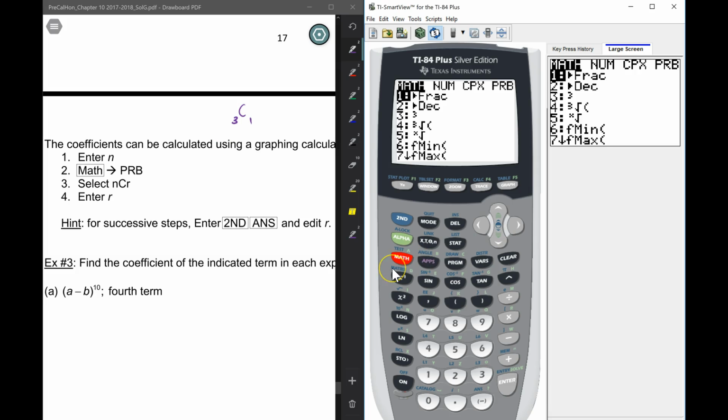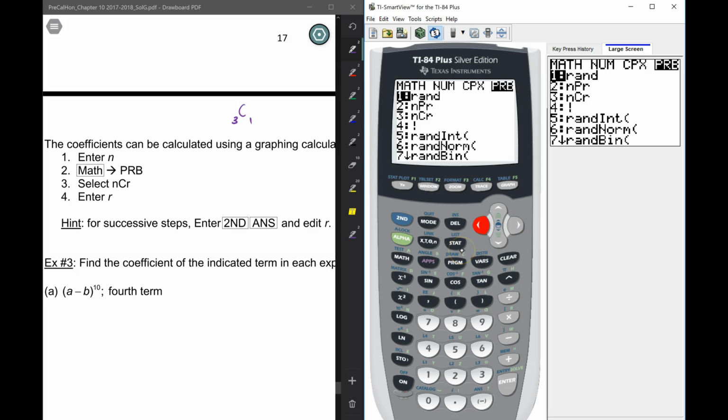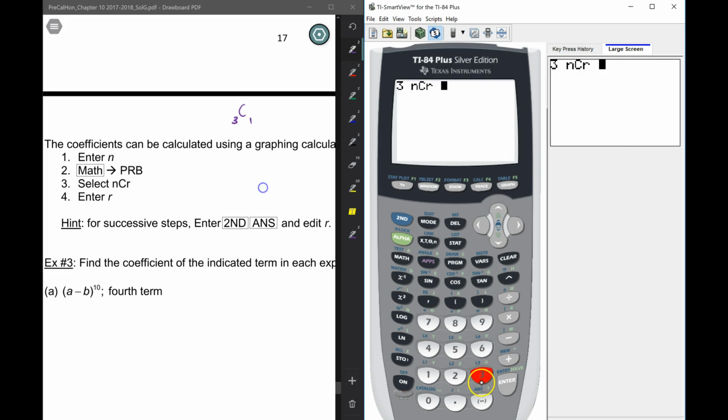And then I'll give you a minute to check out your calculator. We did 3, and then we're going to go math into the probability tab. You could either go left or right. I go shortest distance. You're going to select the third option. That's your combination. And then you're going to put in your r, which I chose to be 1. Enter 3.